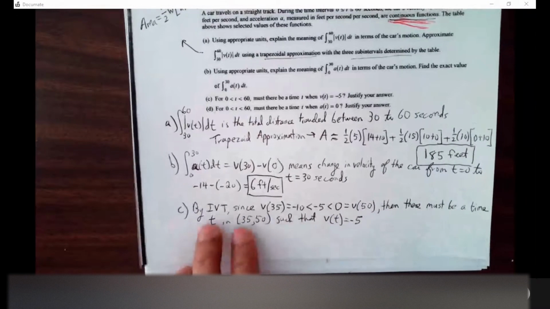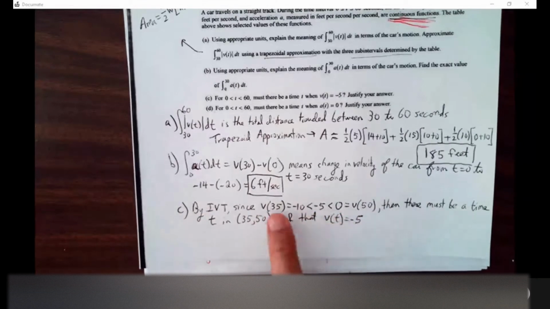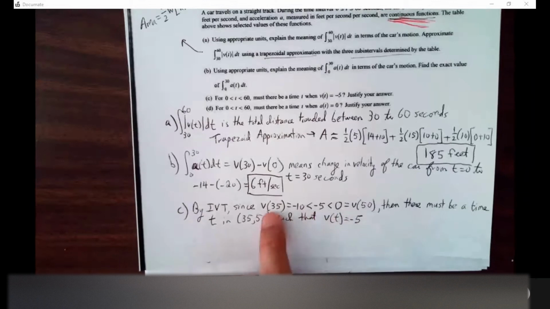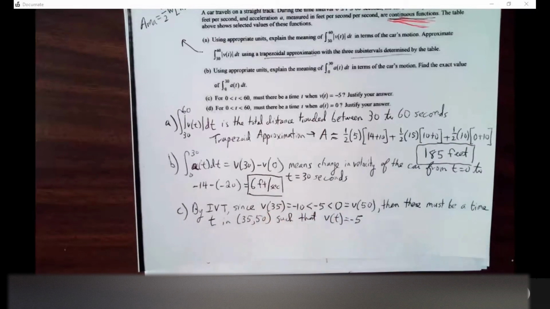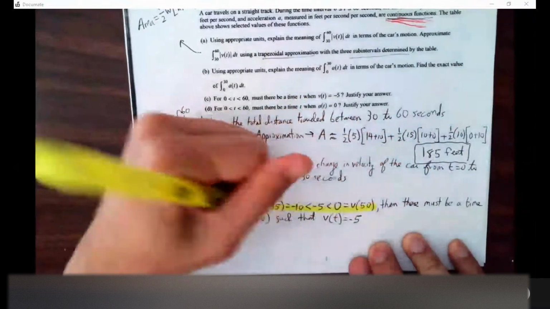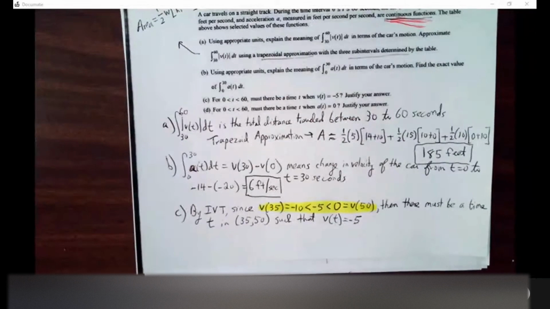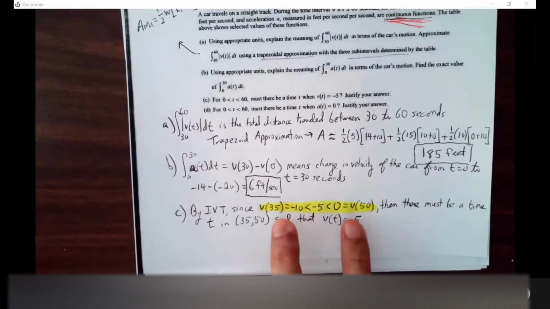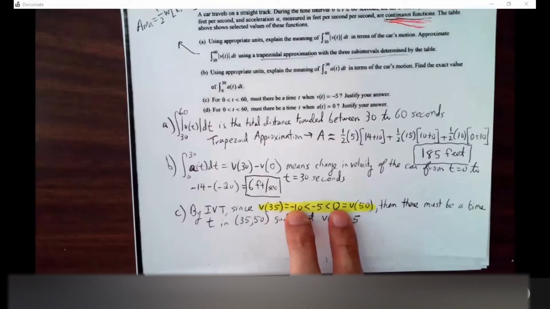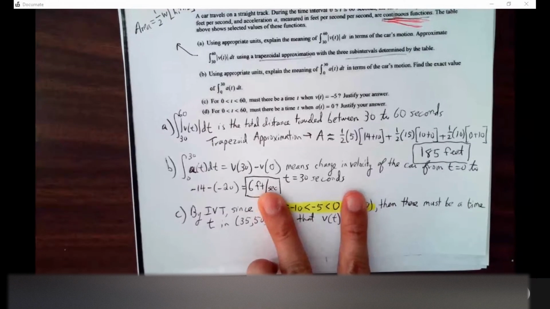I think IVT is a pretty easy concept, but it's a little cumbersome in the way that it's written. So this is the way that they're suggesting to write it. This way you can be guaranteed to earn the full credit points, because they want students to be able to identify why they're getting those values. If you just say -5 is between -10 and 0, you're not really showing how you're getting those values.